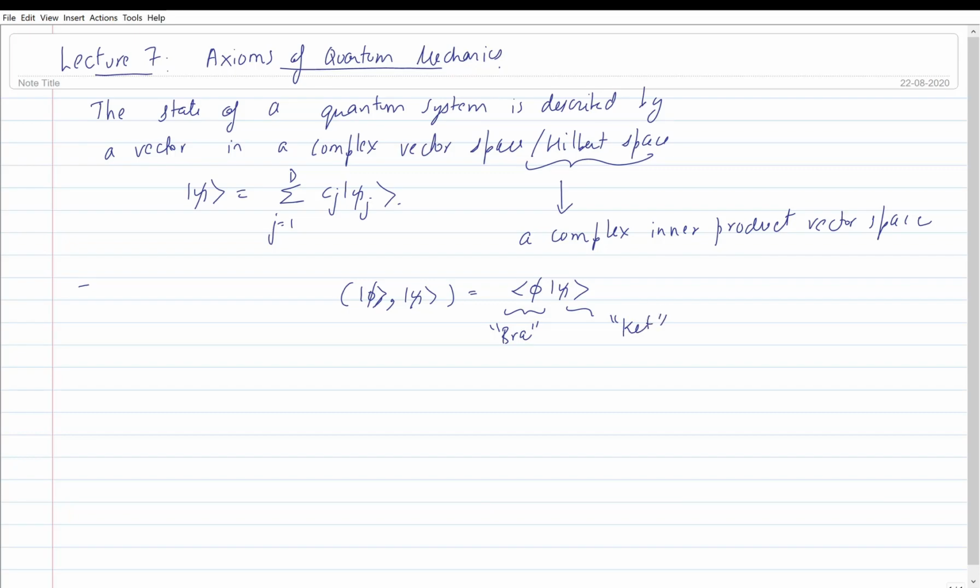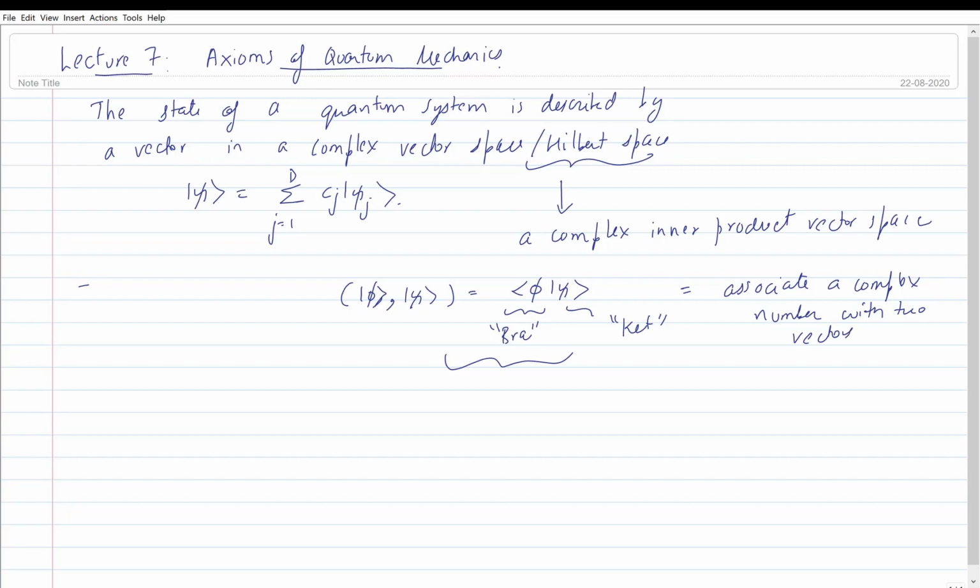And with this inner product, it means essentially I associate a complex number with two vectors.